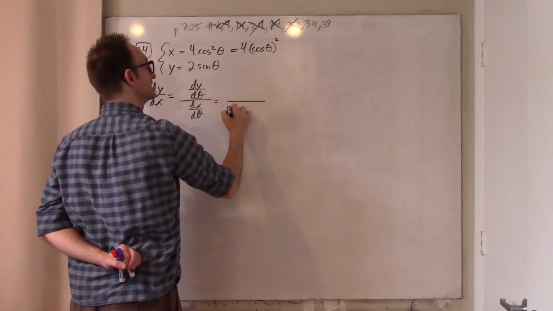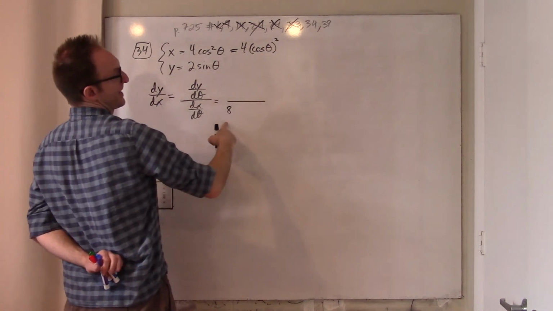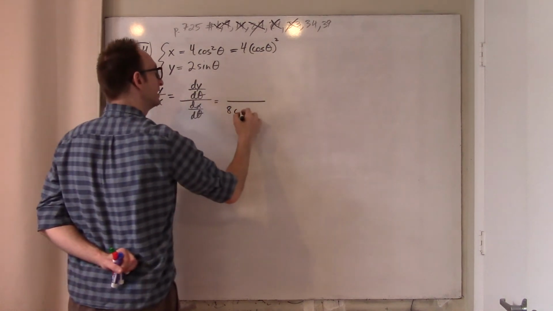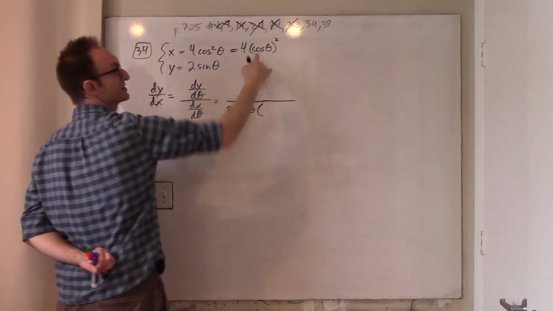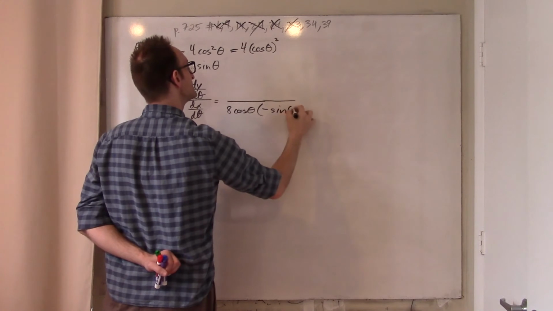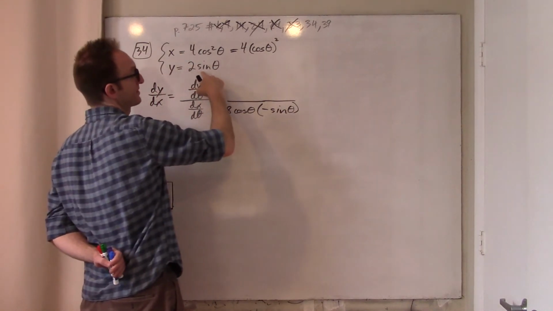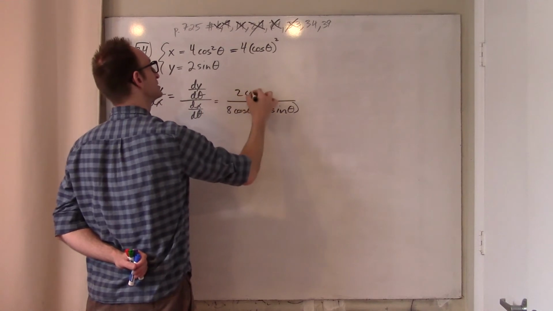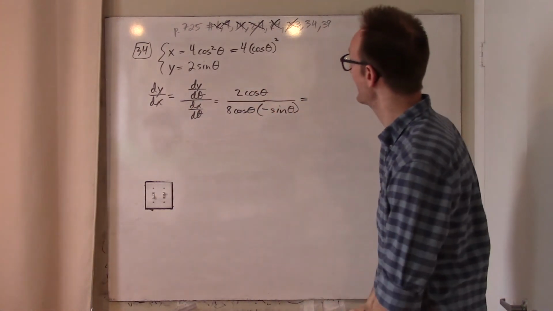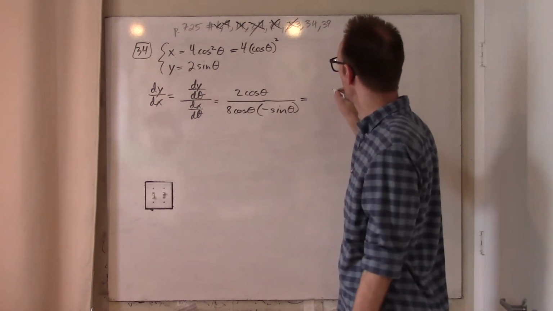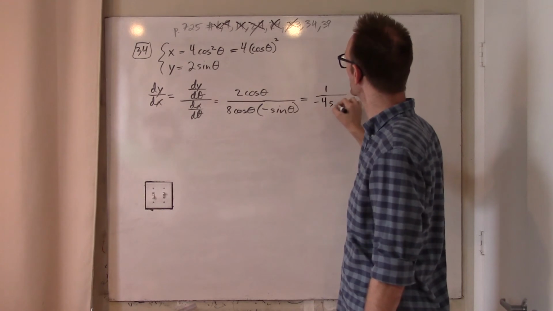I see that the derivative of 4 something squared is 8 something, back inside for the derivative of the something, which is negative sine θ. So I had to do the chain rule for dx/dθ, but for dy/dθ, the derivative of sine is just cosine, so I just get 2 cosine θ. Okay, the cosines cancel, and I just get 1 over negative 4 sine θ.